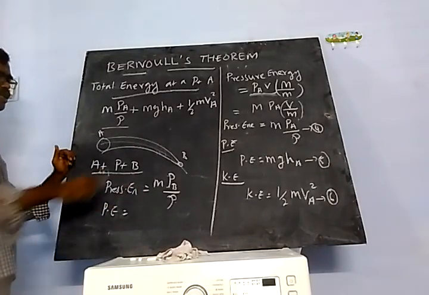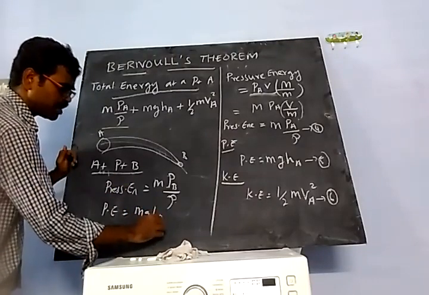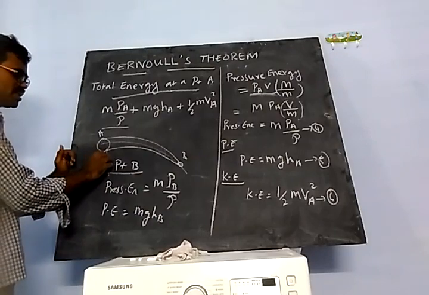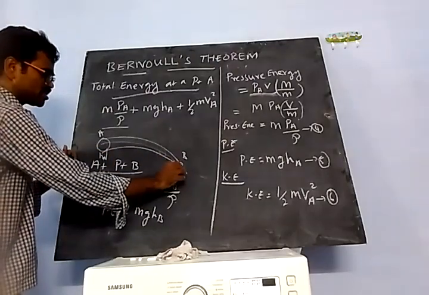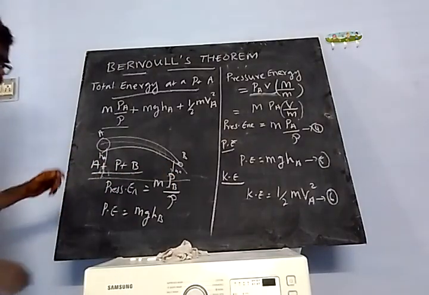Potential energy at the point B is m g h_B. Okay, so this is h_A and this one is h_B.